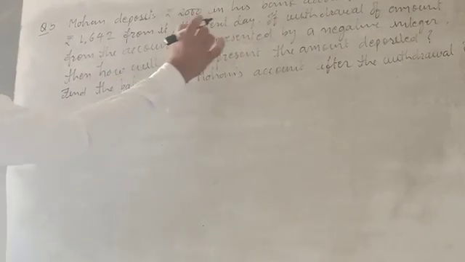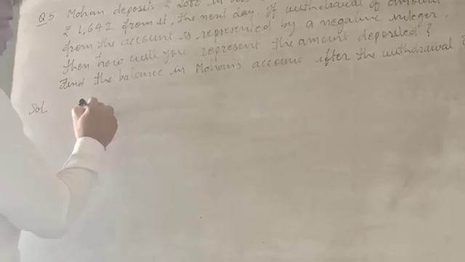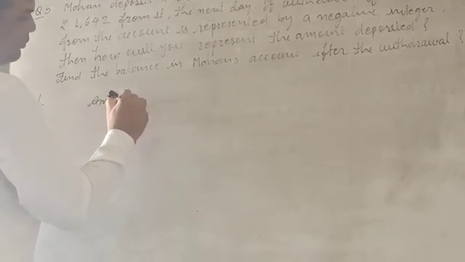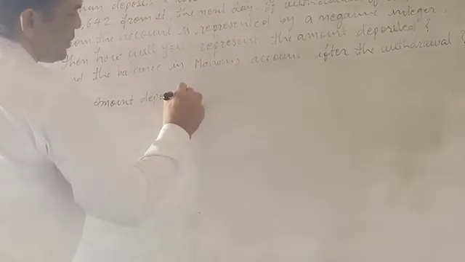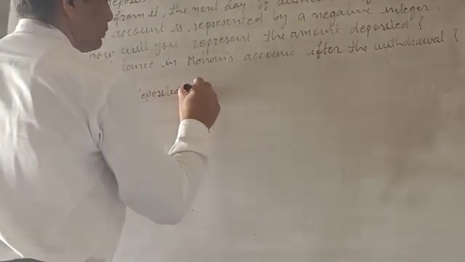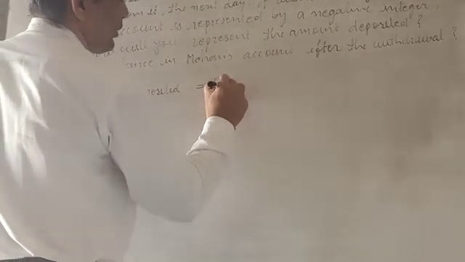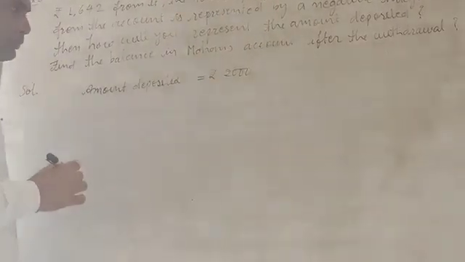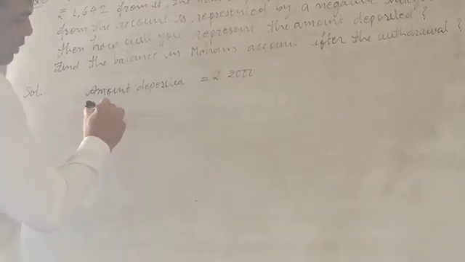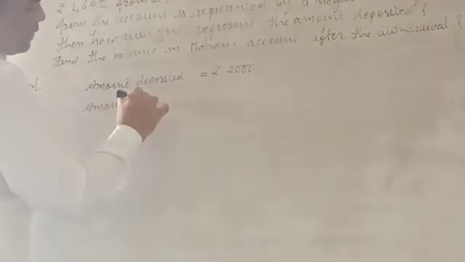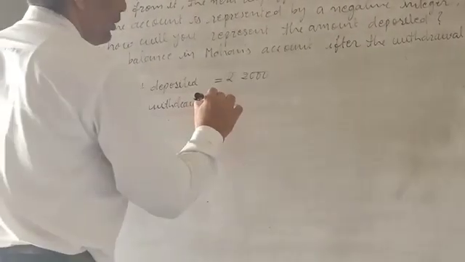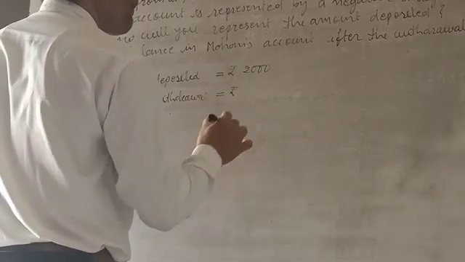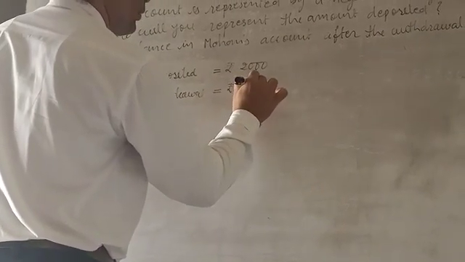Let's solve it. Amount deposited is equal to rupees 2000. Amount withdrawn is equal to rupees 1642.